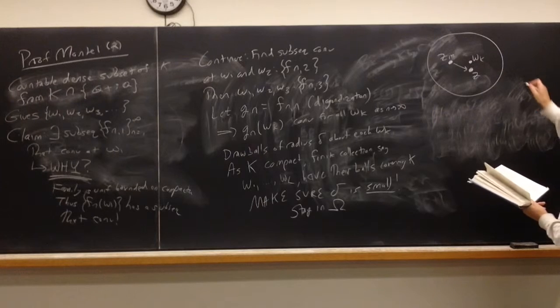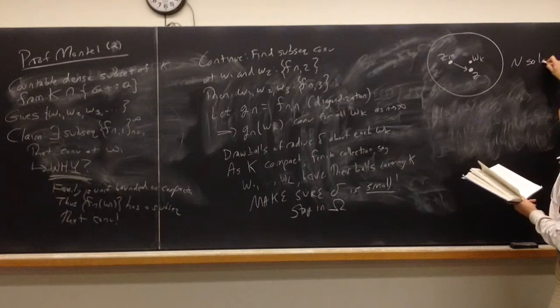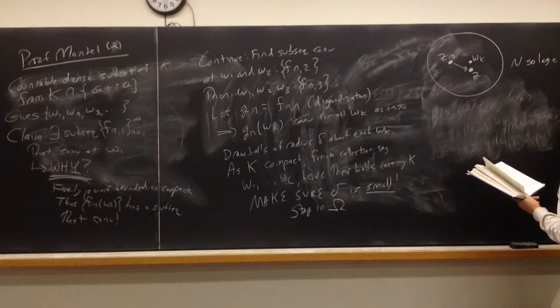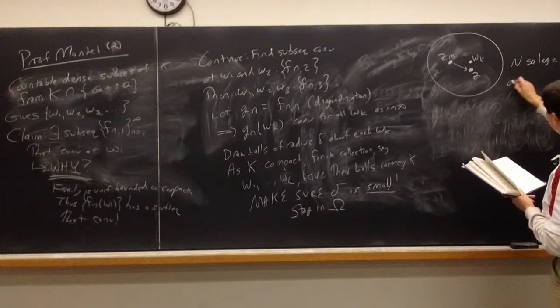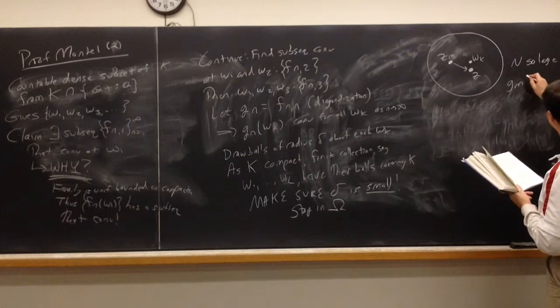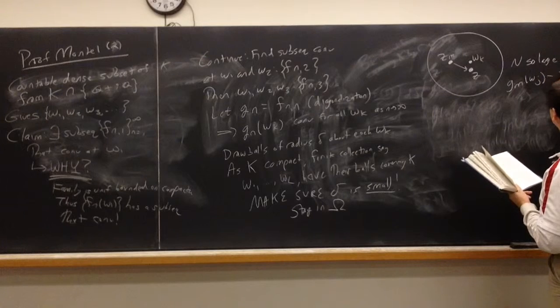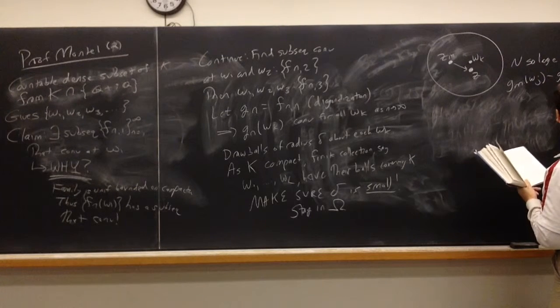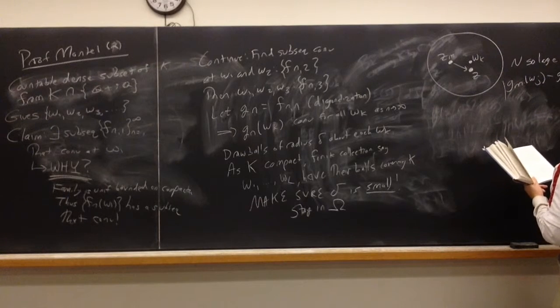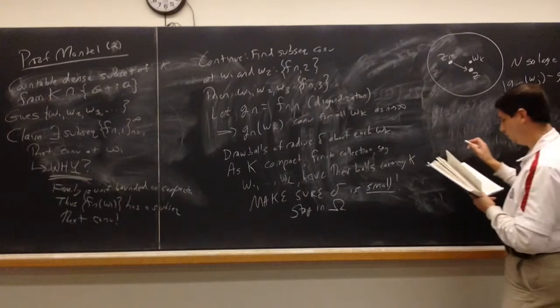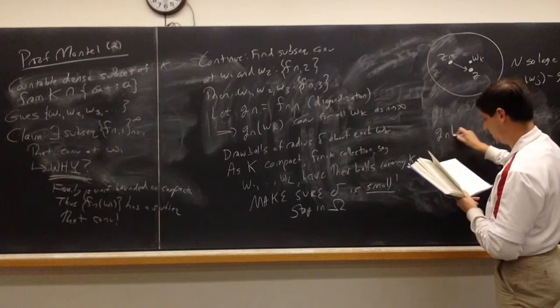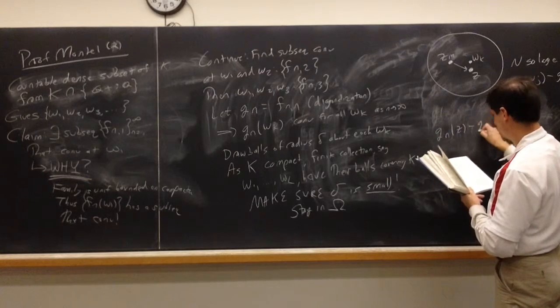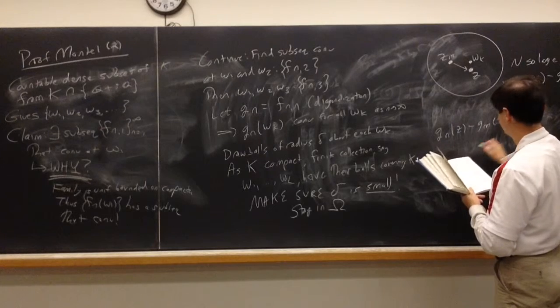We're picking n so large that Gm of Wj minus Gn of Wj is less than epsilon. And then what we're going to do is we're going to look at Gn, oh okay, this is what I was doing wrong, minus Gm of Z.